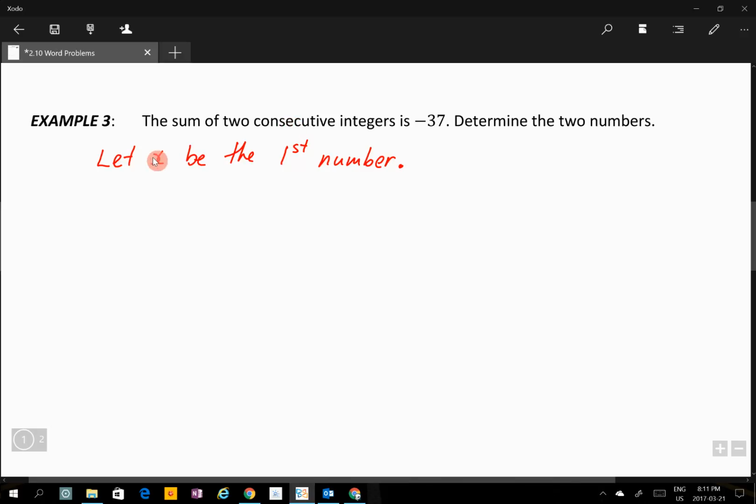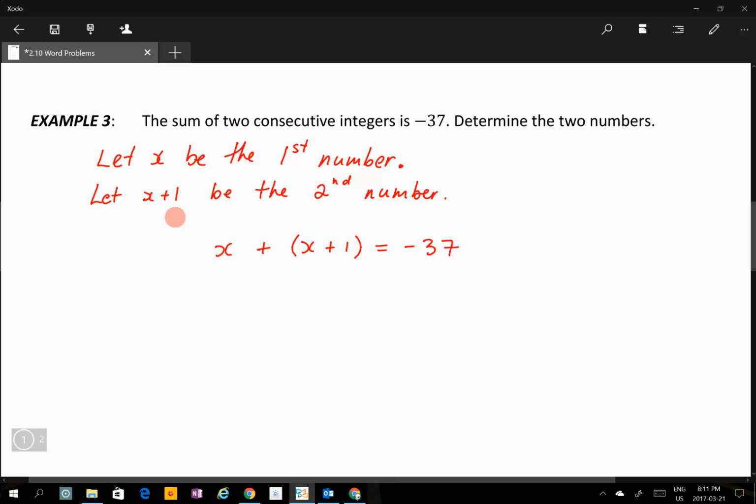So if x is my number, then the next consecutive integer has to be x plus 1. So let x plus 1 be the second number.